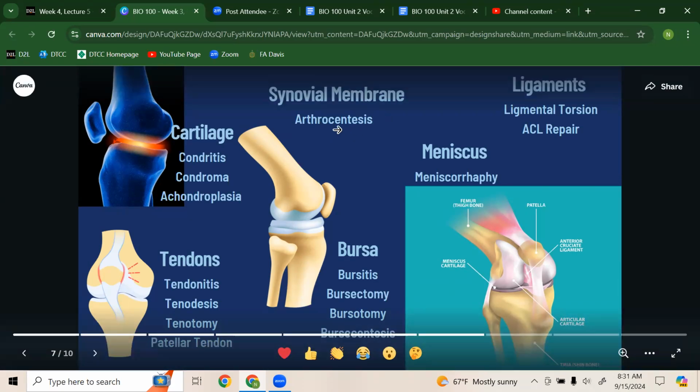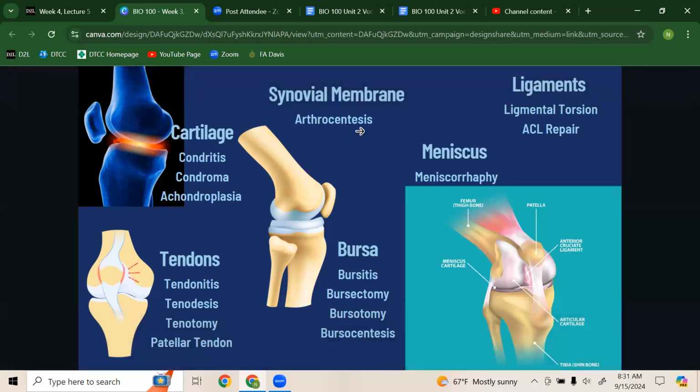So centesis is from our first word list. That is a surgical puncture. And then arthro is going to be the joint itself. So arthrocentesis is usually fluid removal from a joint. So if a joint's real swollen and they want it to come down quicker, they'll stick a needle in and pull out the fluid.